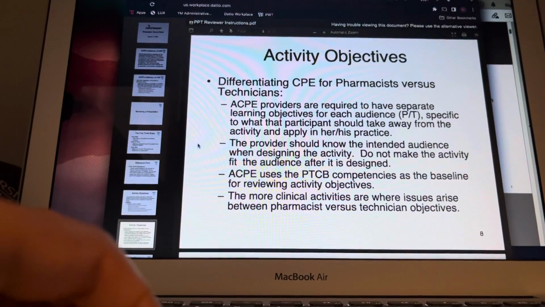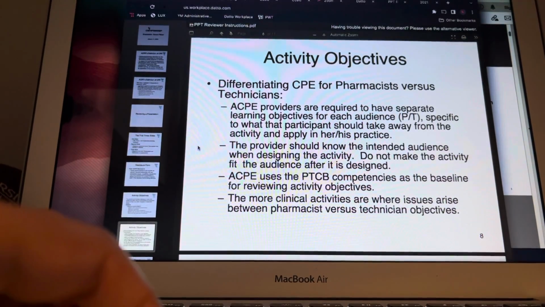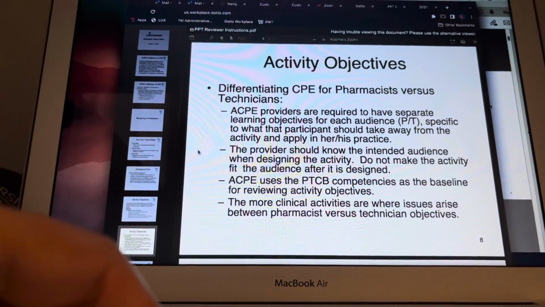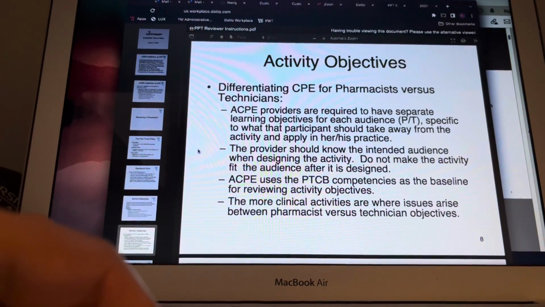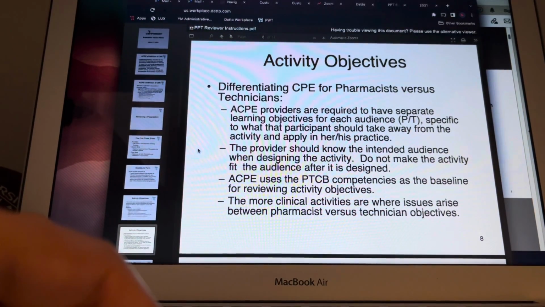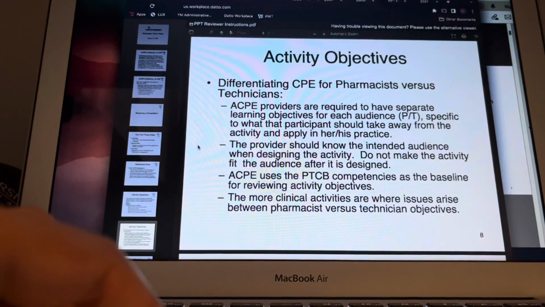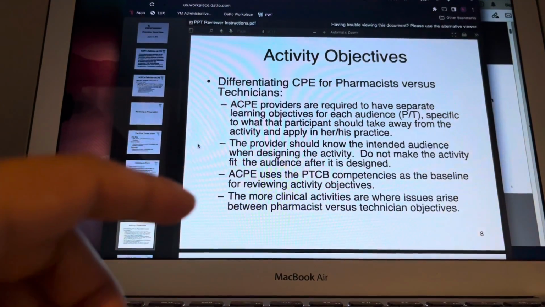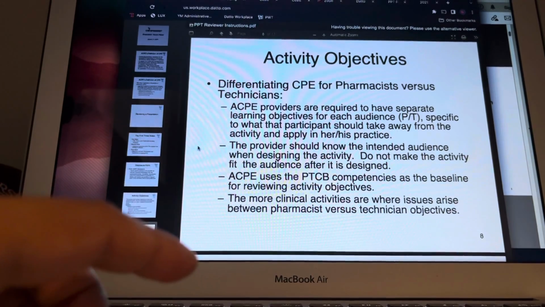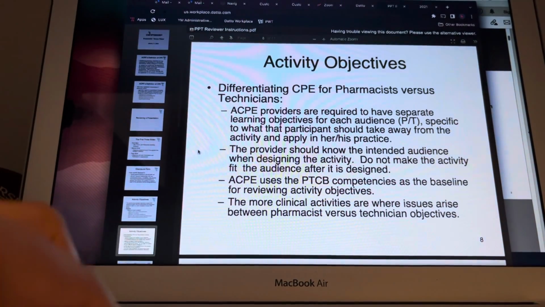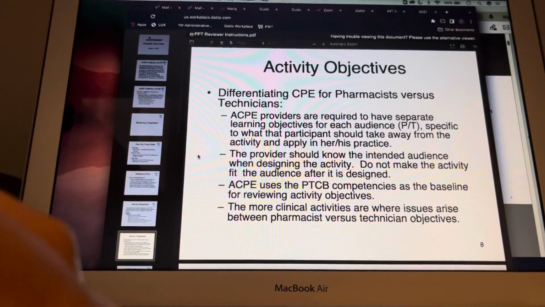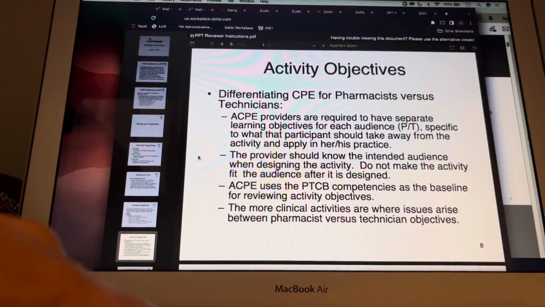The provider should know the intended audience when designing the activity. Do not make the activity fit the audience after it is designed. The activity objectives must be written prior to knowing who your audience members will be, whether it's a specific demographic region, specific location, specific hospital institution, etc.